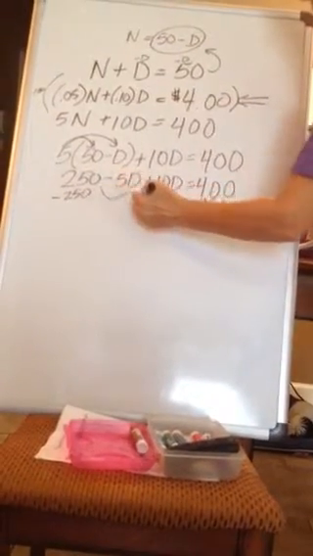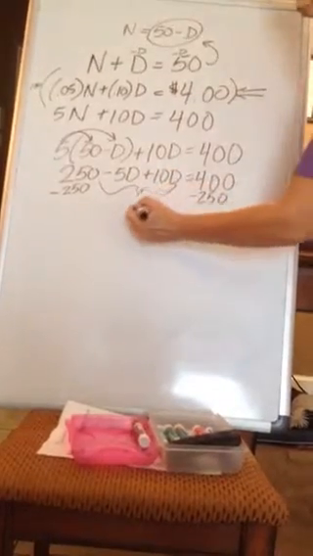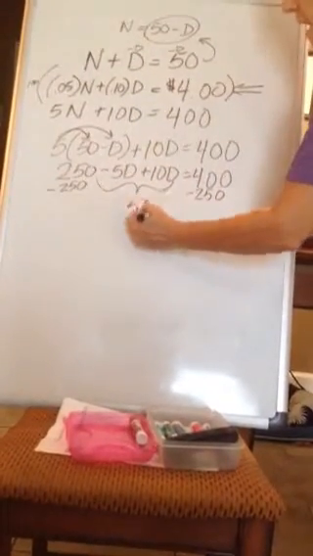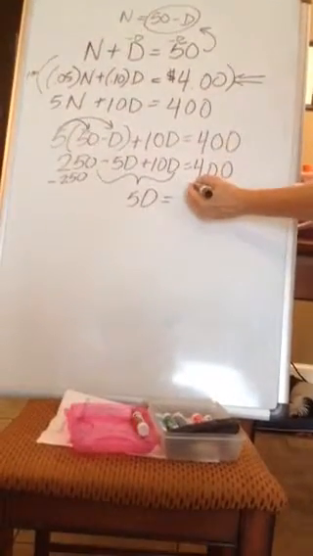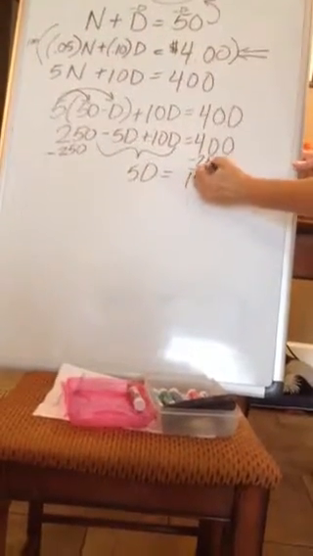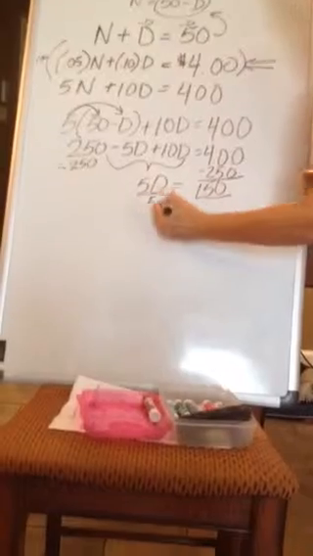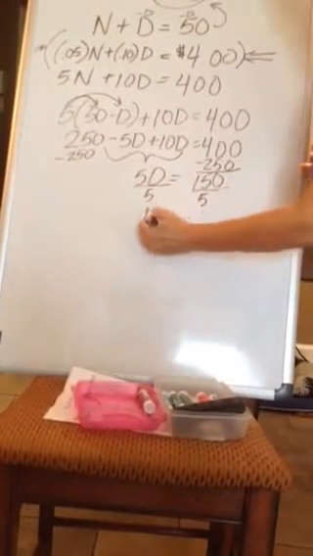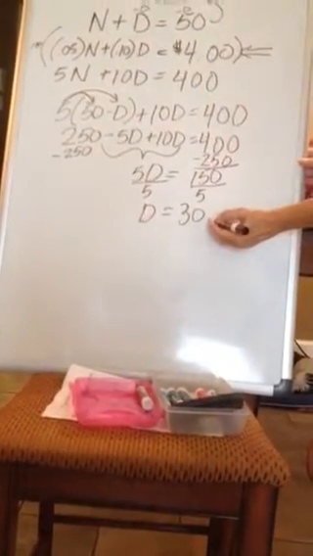I can also combine my negative 5d and my positive 10d, which gives me 5d equals 400 minus 250, which is 150. Now I can divide by 5, and d equals 30. So the number of dimes that I have is 30.